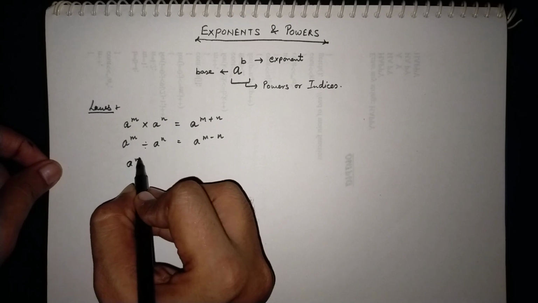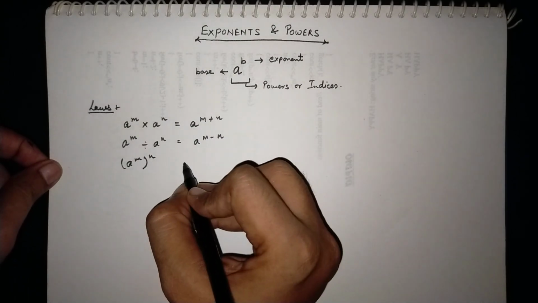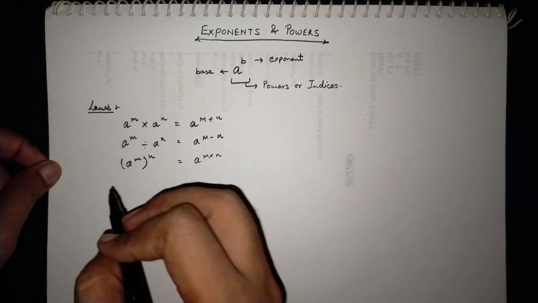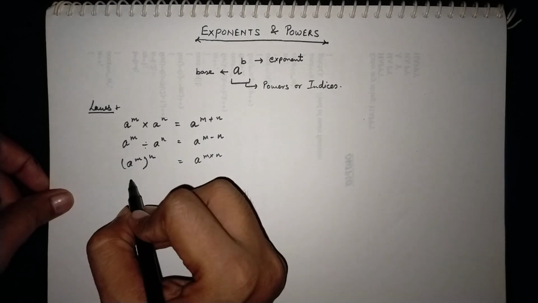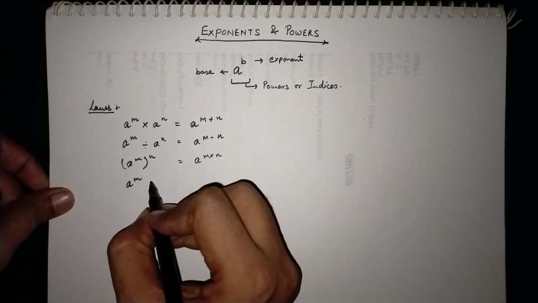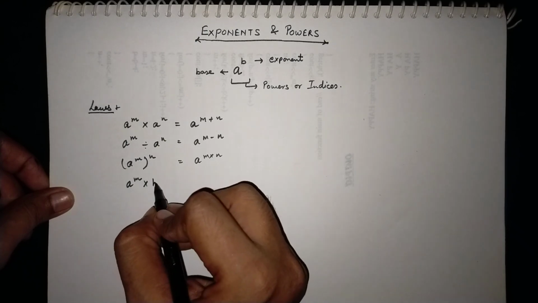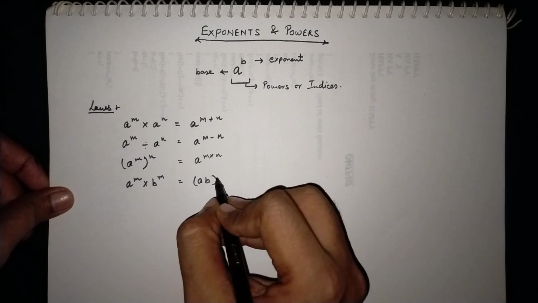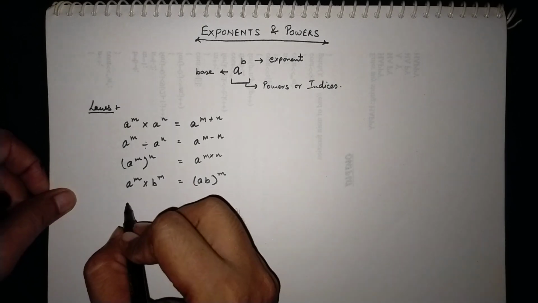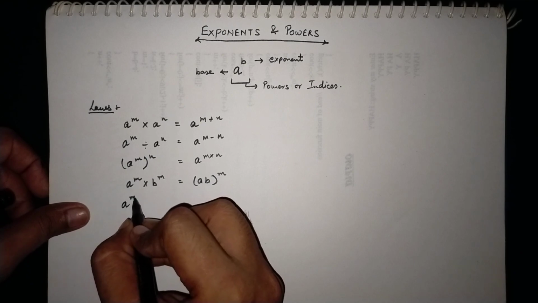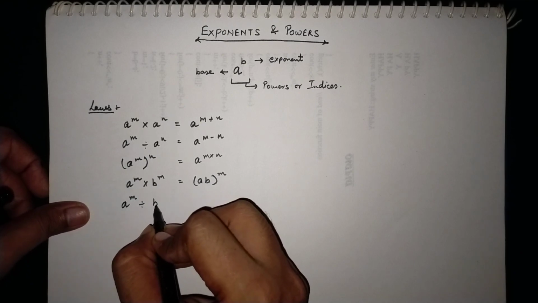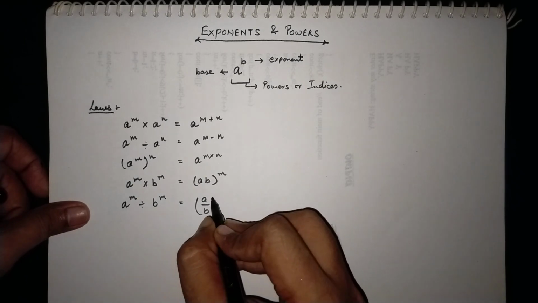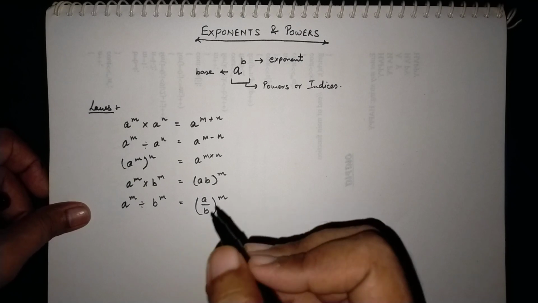If it is a to the power m whole to the power n, then this equals a to the power m into n. If it is a to the power m into b to the power m, then this equals a b whole to the power m. The next one is a to the power m divided by b to the power m, which equals a upon b whole to the power m.